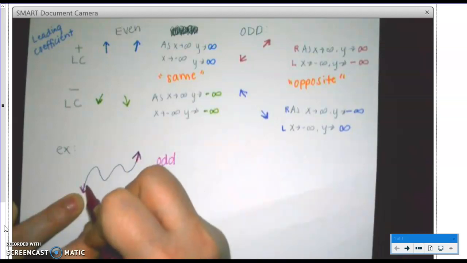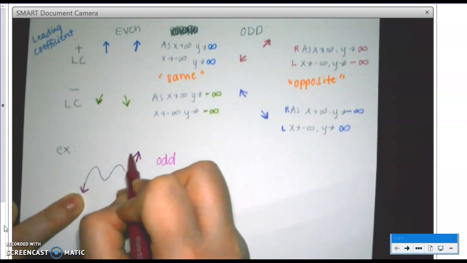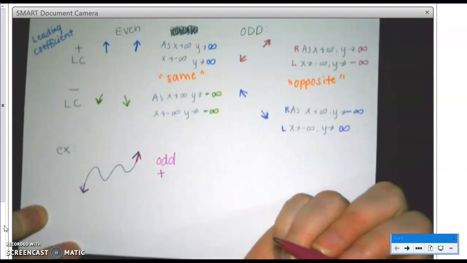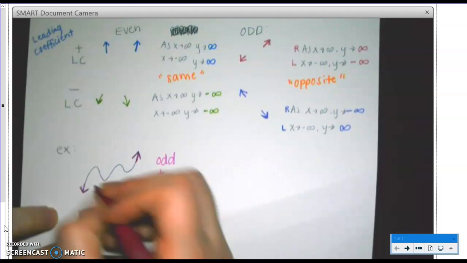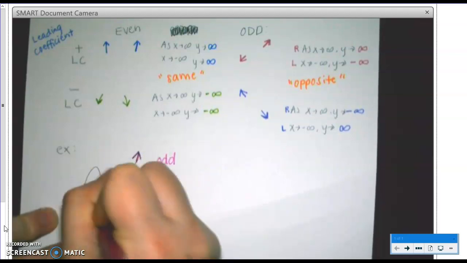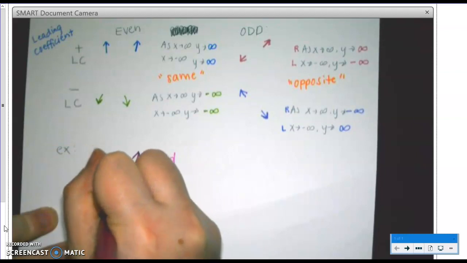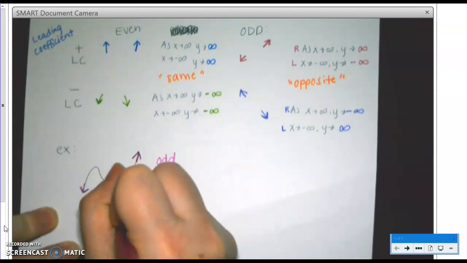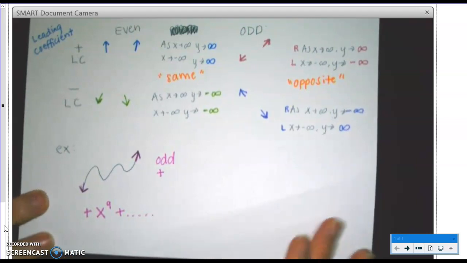And because if I connect my arrows, if I start at the left and I go to the right, it's increasing, I know my equation will start with a positive. So from this graph, you can't tell what it would be, but I know that it would be positive x, and then I don't know, maybe the 9th power, because that's an odd number, so it could work. And then whatever other x's and exponents would be lower than 9.